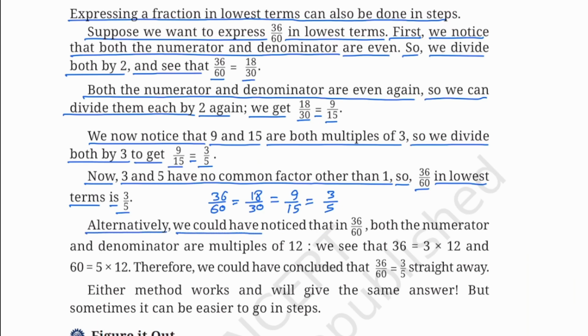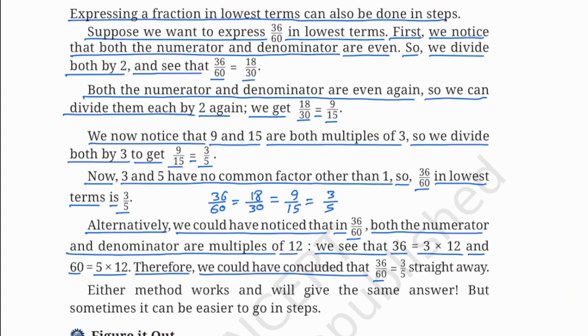Alternatively, we could have noticed that in 36 upon 60, both the numerator and denominator are multiples of 12. We see that 36 is equal to 3 into 12 and 60 is equal to 5 into 12. Therefore, we could have concluded that 36 upon 60 is equal to 3 upon 5 straightaway.